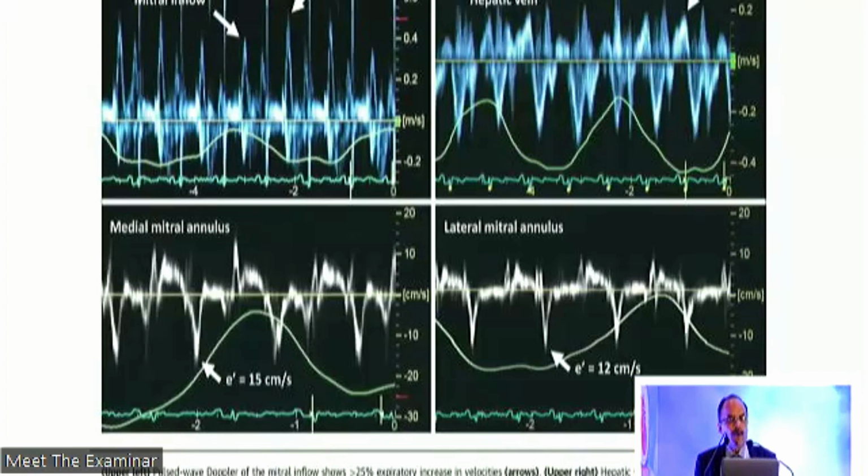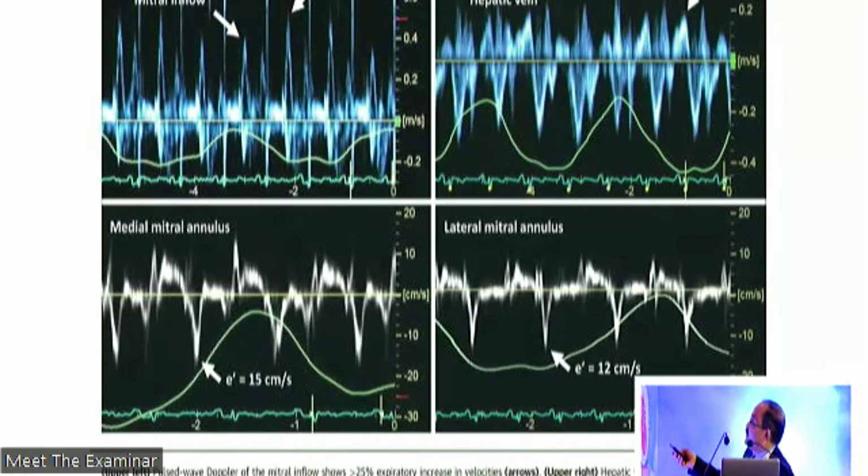It is important to remember in this what are the typical echocardiographic features. You see there is a lot of respiratory variation in the mitral inflow that is seen here. We also see that there is a diastolic flow reversal, which is largely expiratory.